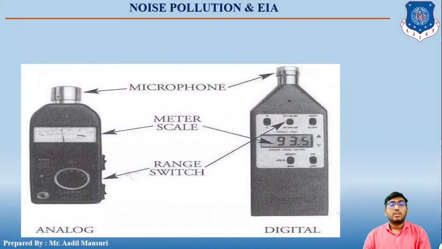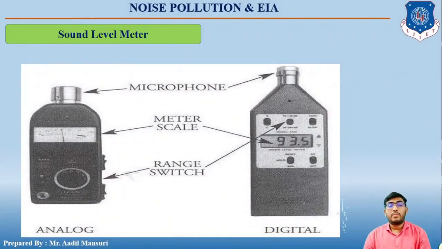Next is the sound level meter. Sound level meters measure sound pressure level and are commonly used in noise pollution studies. The meter is positioned at the desired location with no obstruction from the source. Its basic parts include a microphone, amplifiers, weighting networks, and a display showing the reading in decibels. This device performs three basic operations.